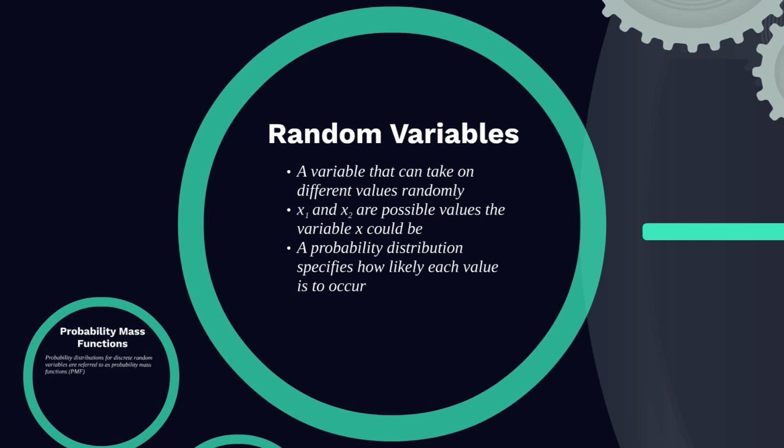And then in conjunction with this, a probability distribution is going to specify how likely each value is to occur. Or another way of saying that would be how likely each state is to occur. So on its own, a random variable is just a description of the states that are possible. It must be coupled with a probability distribution that specifies how likely each of these states are.